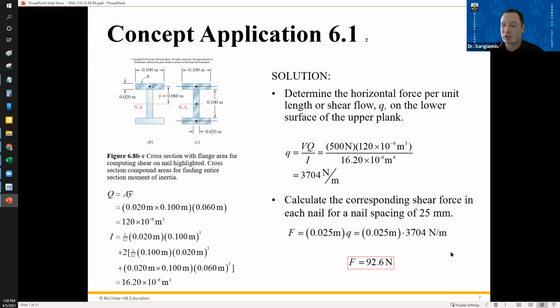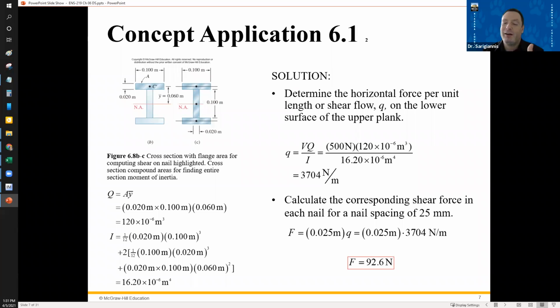So we're going to multiply that by 0.025 meters: 3,704 Newtons per meter times 0.025 meters. That's the spacing. This is how much one nail covers in distance. And you get a force of 92.6 Newtons. So that's the force that a nail has to resist.